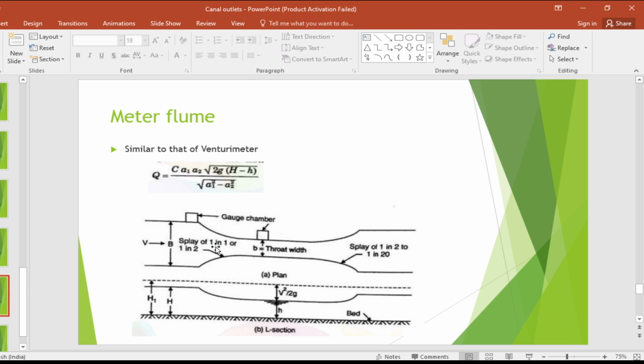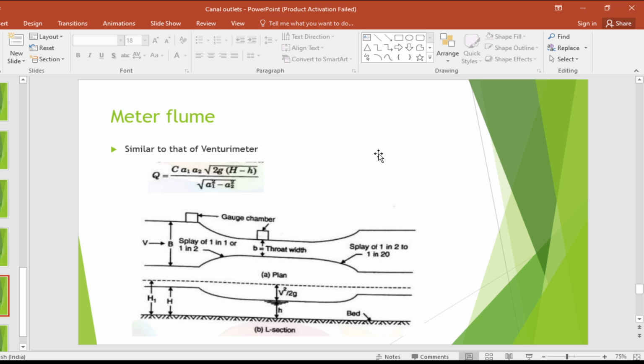Next is the meter flume. This method is similar to that of the venturimeter. In the venturimeter you have studied, the throat section is there, one is the upstream side and the second is the downstream side normal section also.